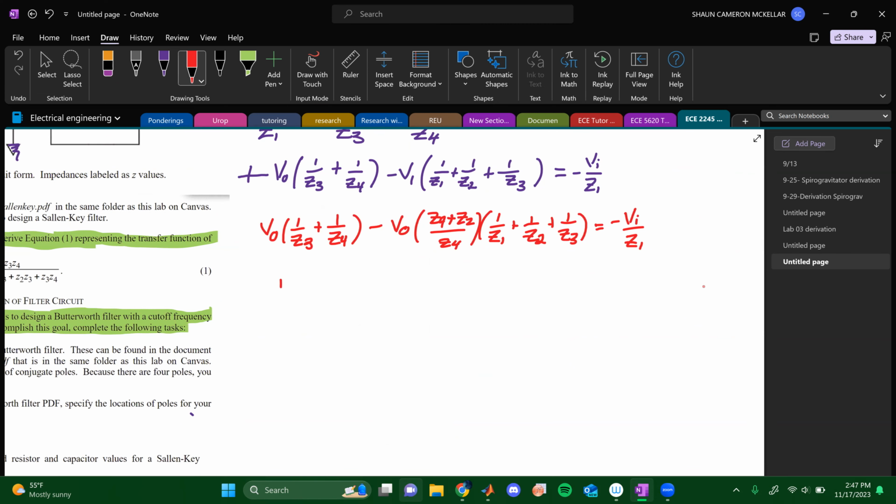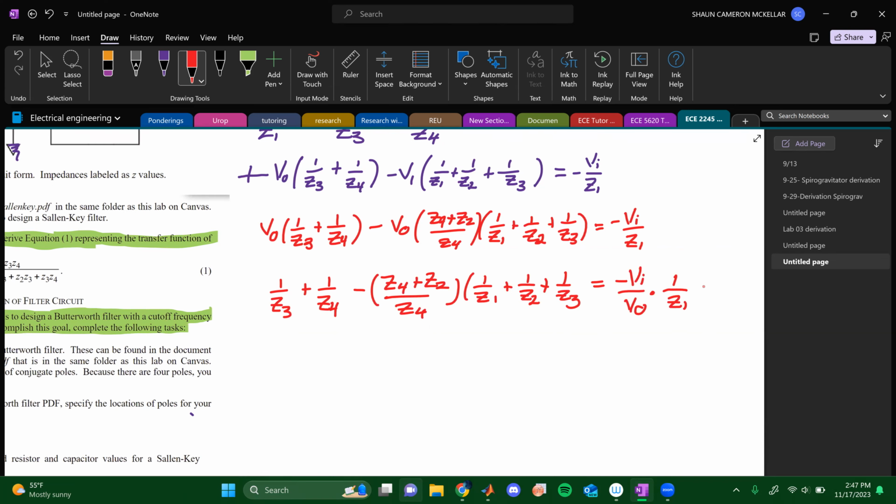So what I'm really solving now is 1 over Z3 plus 1 over Z4 minus Z4 plus Z2 over Z4, all times 1 over Z1 plus 1 over Z2 plus 1 over Z3. And that's equal to negative V in over V out times 1 over Z1, or this is equal to H inverse times 1 over Z1.